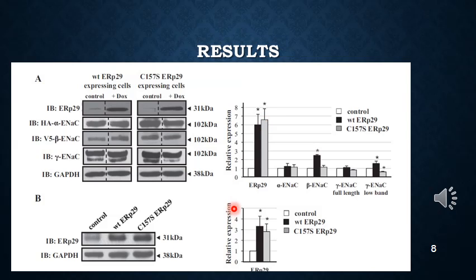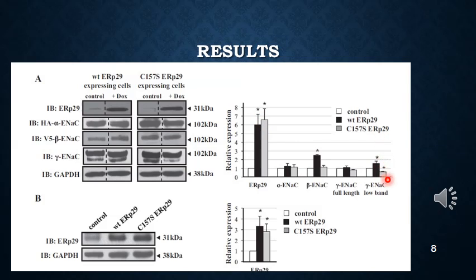Overexpression of wild-type ERP29 increased the relative expression of beta ENaC by around 2.5 times, which we can see in the third sample on the x-axis, and the alpha ENaC and the gamma ENaC full-length expression seemed to be unaffected. The low-band gamma ENaC had a positive effect as well by approximately 1.6 times.